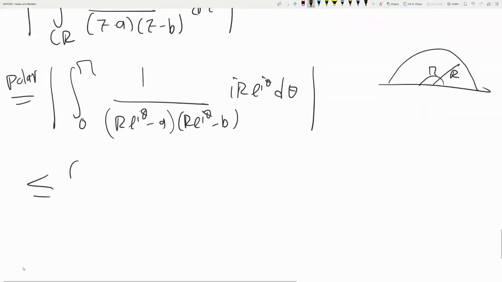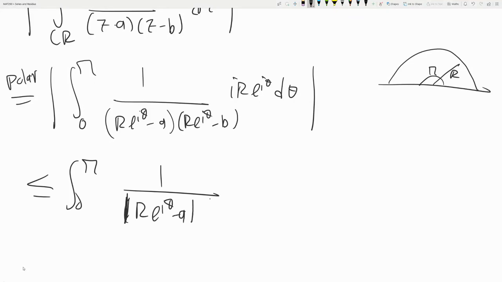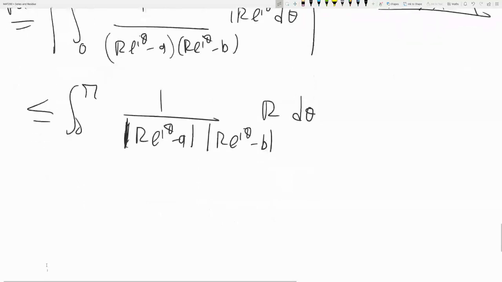And then let's do the triangle inequality. And e^(i theta) has norm 1, so you just have R. Okay, good. Now what? Almost there. I have to take a limit in R. Right, now do the reverse triangle inequality.